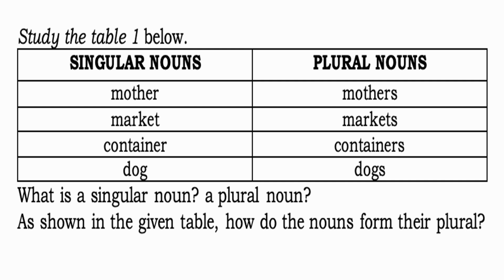Correct. The nouns formed their plural by adding letter S. So for example, mother, the plural of mother is mothers. Market, markets. Container, containers. Dog, dogs.